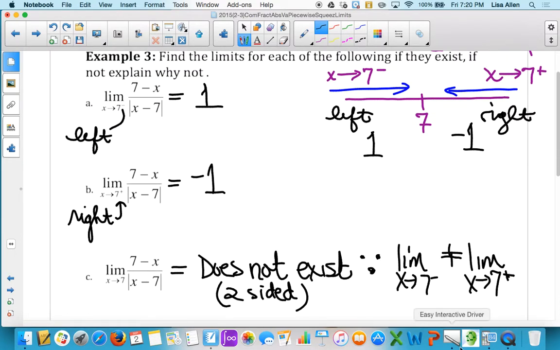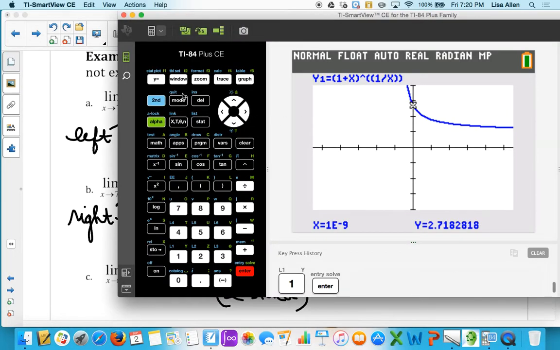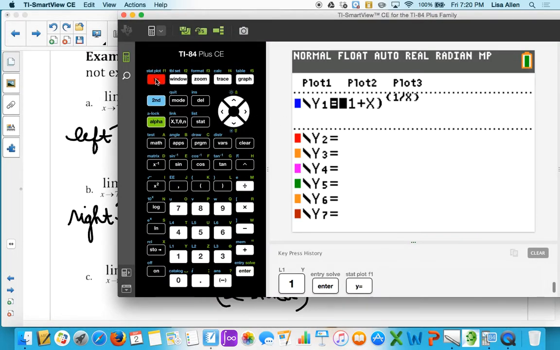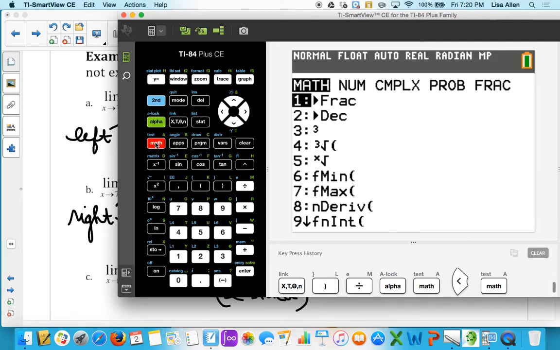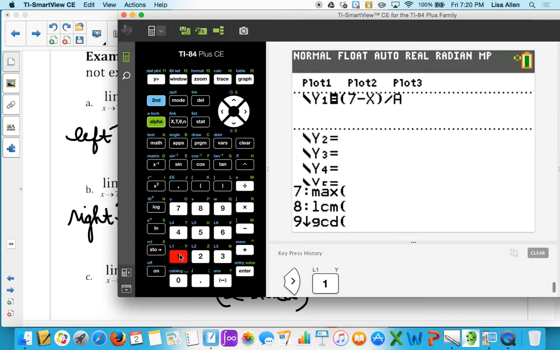Take some time and go to your calculator, and you can evaluate what we're talking about here. Put in the function 7 minus x, parenthesis, divided by Math, number, 1 for ABS, and put in x minus 7.